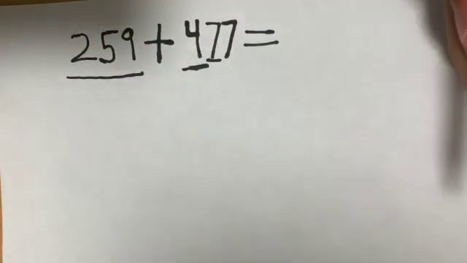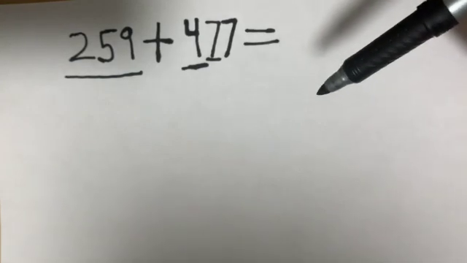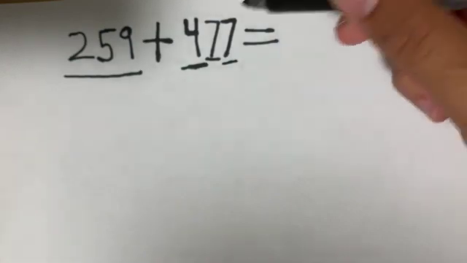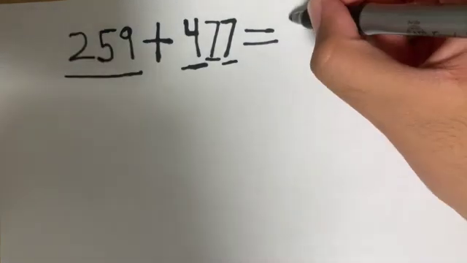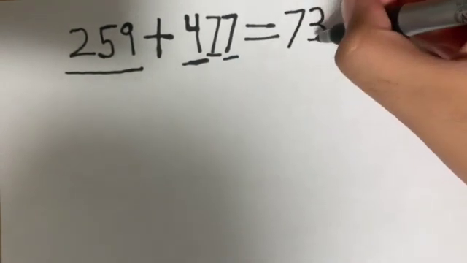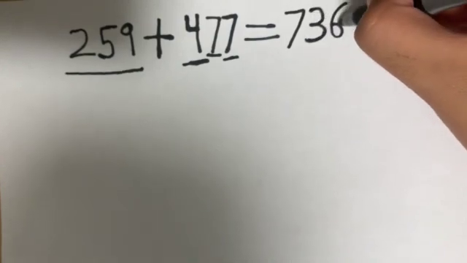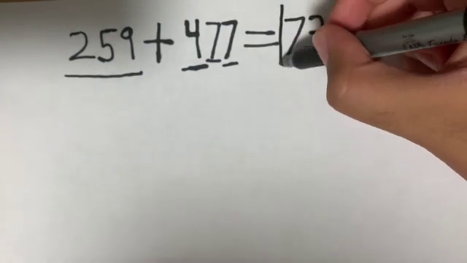So it's 729, and then you take 729 and add 7, since this is the ones place. 729 plus 7 is going to be 736. And that is your final answer.